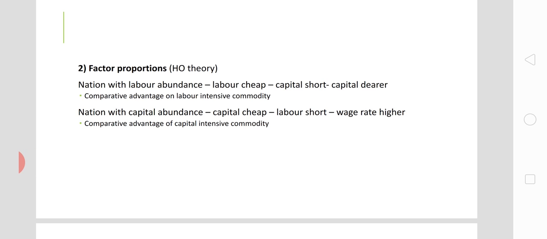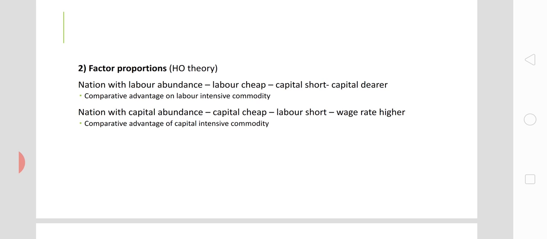If a nation is labor abundant, then the labor will be cheaper in that nation, capital will be short in that nation, wage rate will be lower, but the price of capital will be higher. That means interest rate will be higher. So the nation will have the comparative advantage on labor intensive commodity.